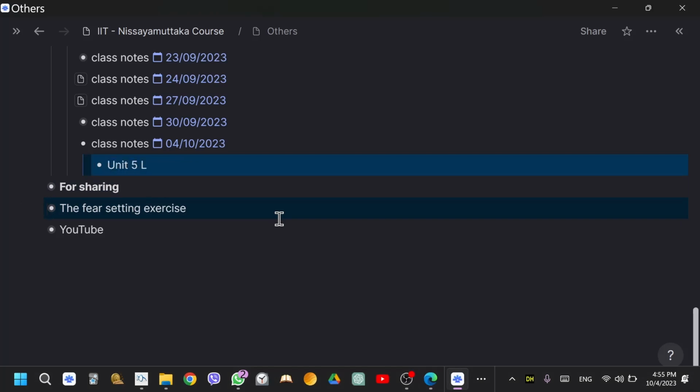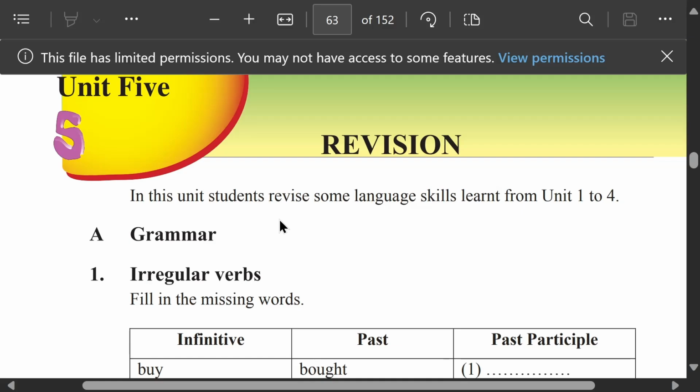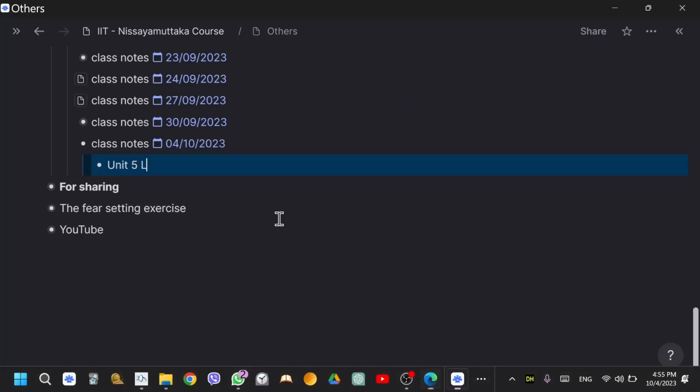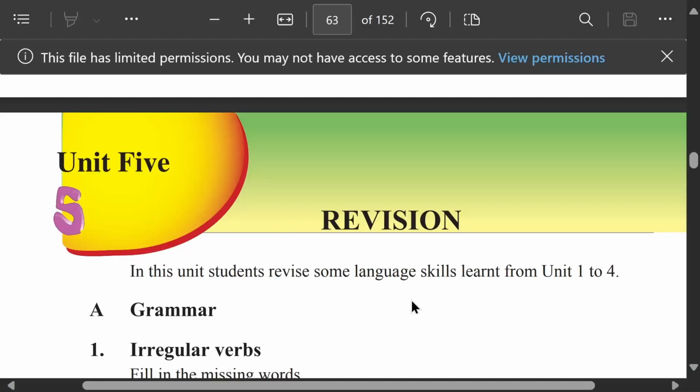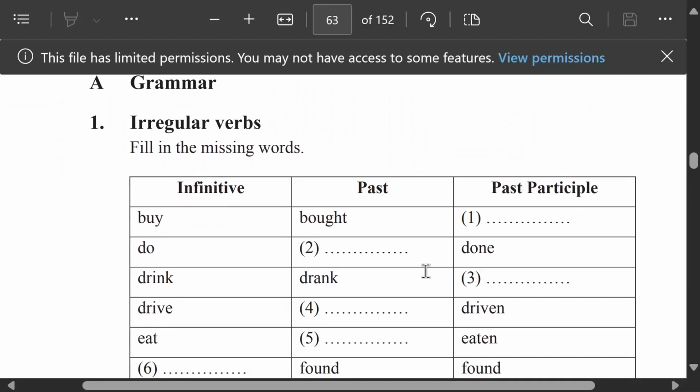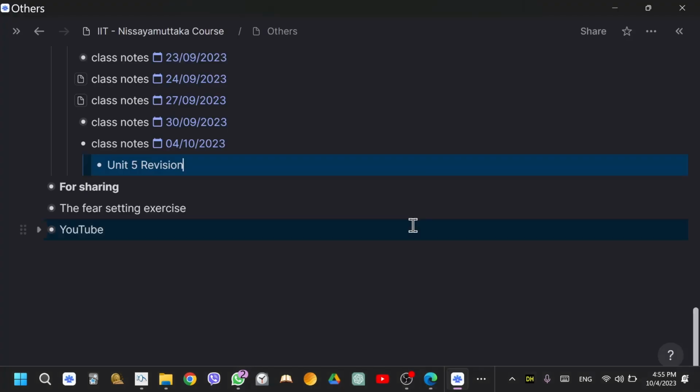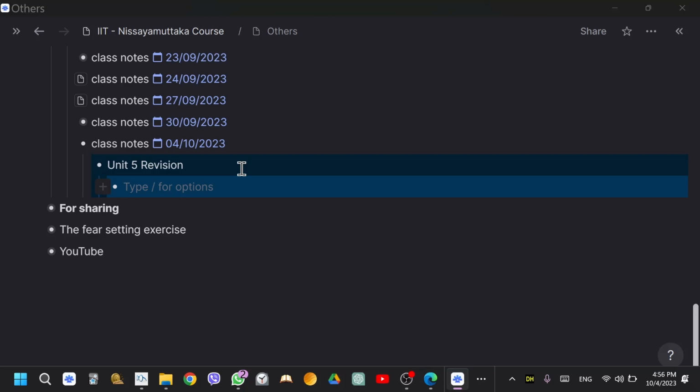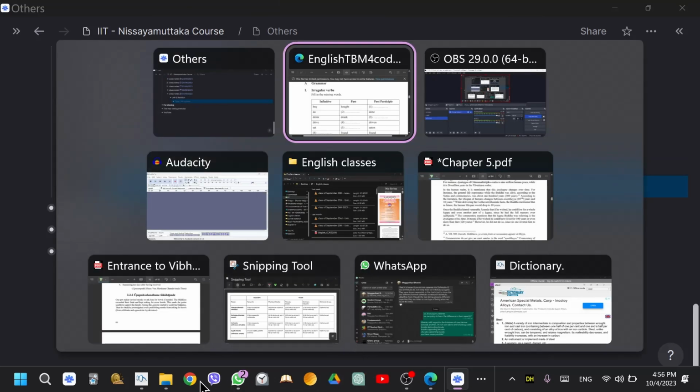Unit 5, this is what? Unified revision. Maybe after the exam, yeah. If I'm still here, we can do it. Unit 5 revision. Now I want to record this.